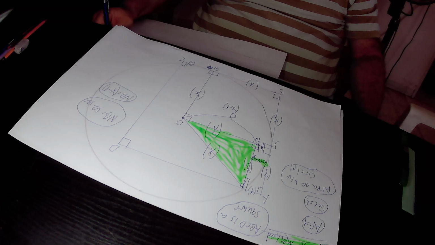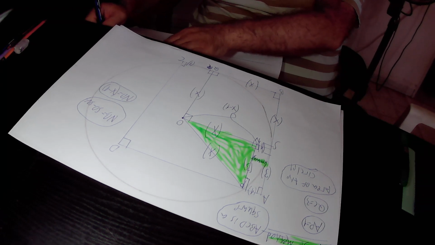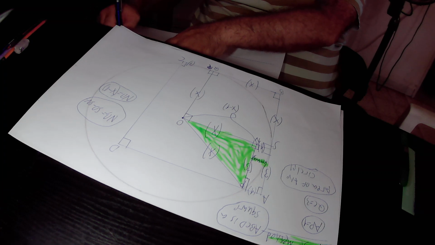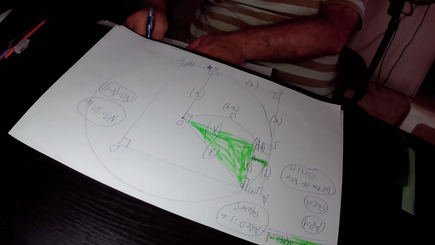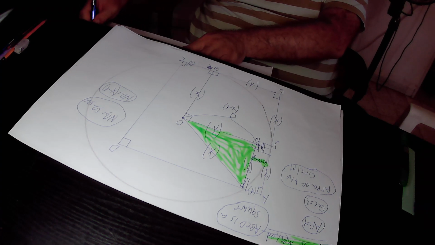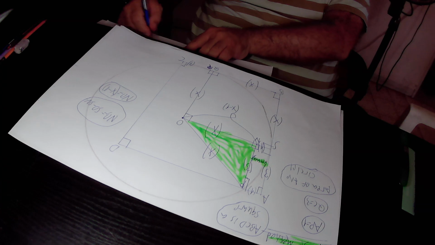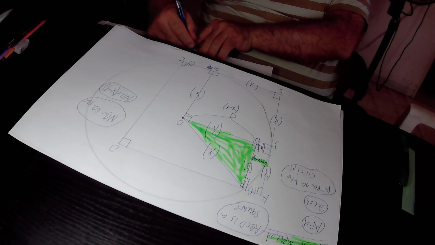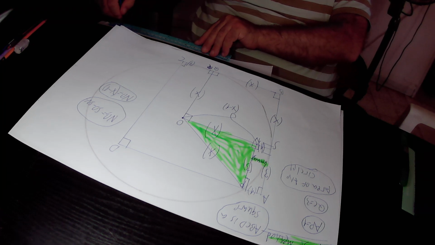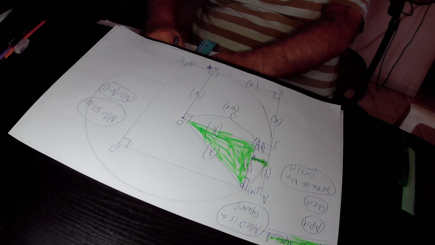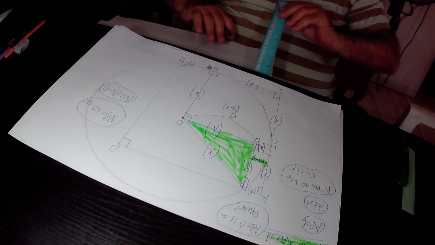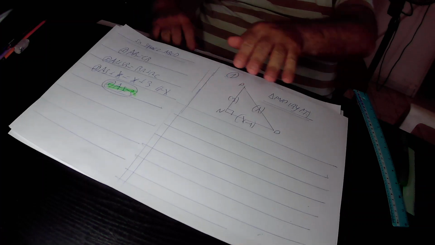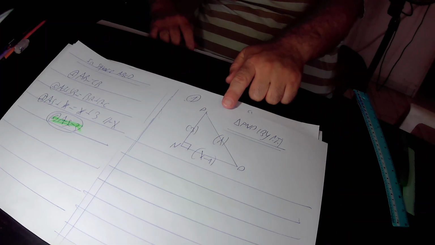Here PT is the abbreviation for Pythagoras theorem. So here this is the right triangle PNO that I copied from the original drawing.